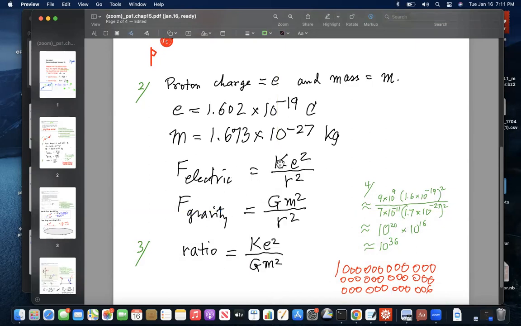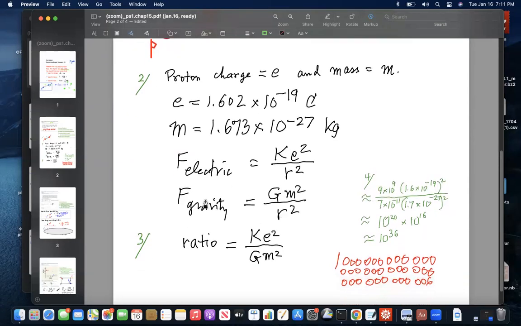The electric force is k q1 q2, so that's k e squared over r squared. Gravitational force, I remember from physics 231, is G, Newton's universal constant of gravitation, times m squared over r squared. And I'm supposed to calculate the ratio of the electric force over the gravitational force.